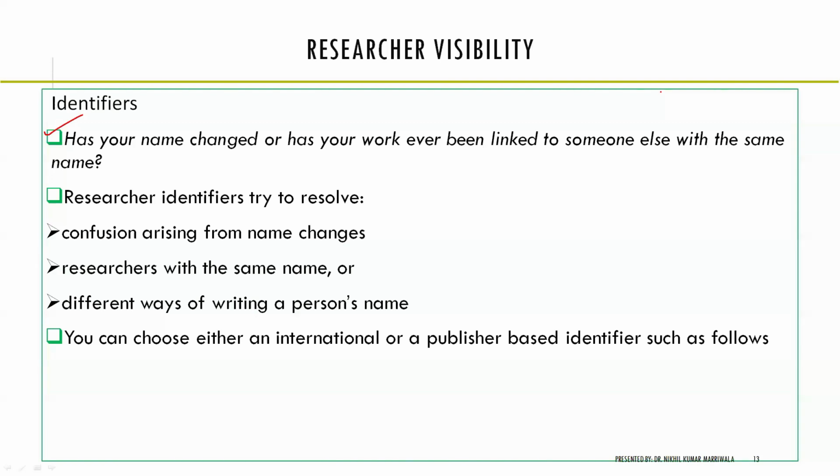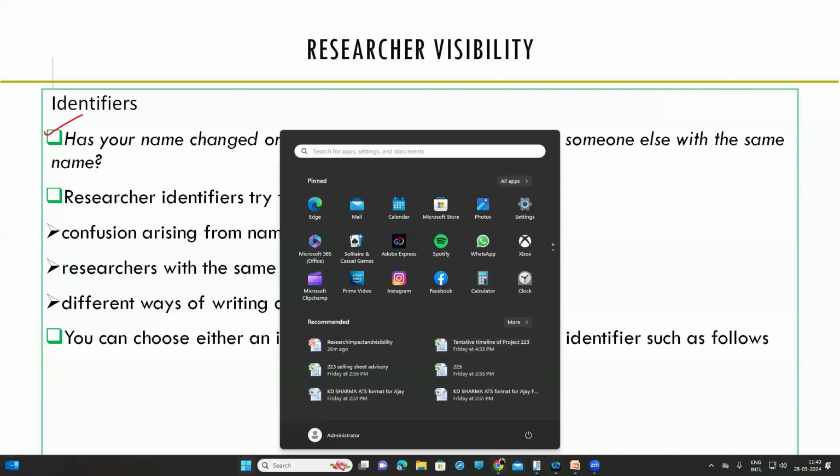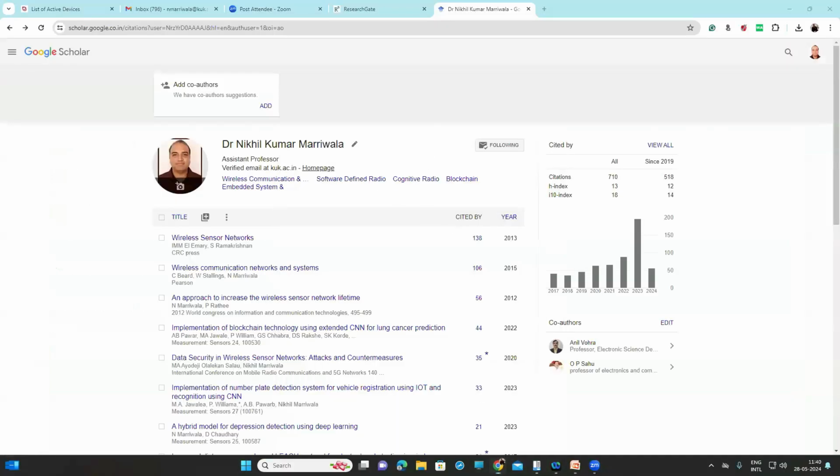For example, I showed you here that I want to add the paper manually. I'll just go back to this particular part over here. Now, add articles manually.